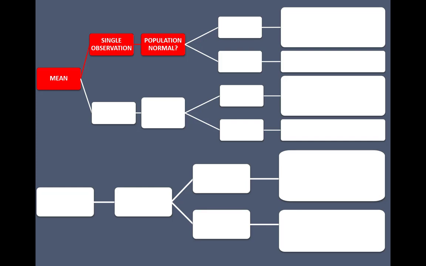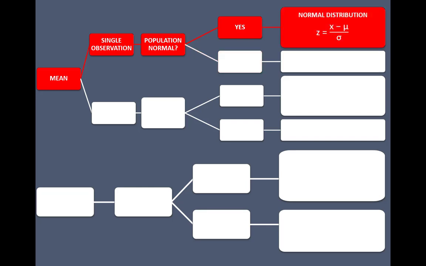I need to know whether the population follows a normal distribution or not, much like I did previously with the empirical rule. If the population follows a nice symmetrical bell-shaped distribution, now known as a normal distribution, and we can answer yes to that, so again, this would have to be told to us in the question, the question comes right out and says the population is normally distributed. If yes, then we can go and use the probability formula that we want to use.